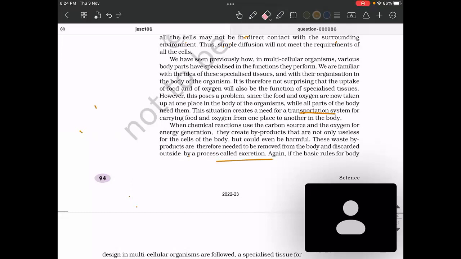SA node and AV node. What is the function of the SA node? To generate impulses. It is called what? Pacemaker. Okay, fine, good. Anyway, we are going to discuss a little more about the heart also.